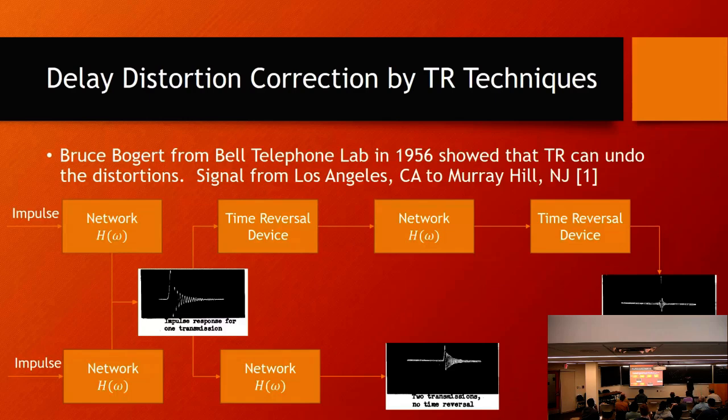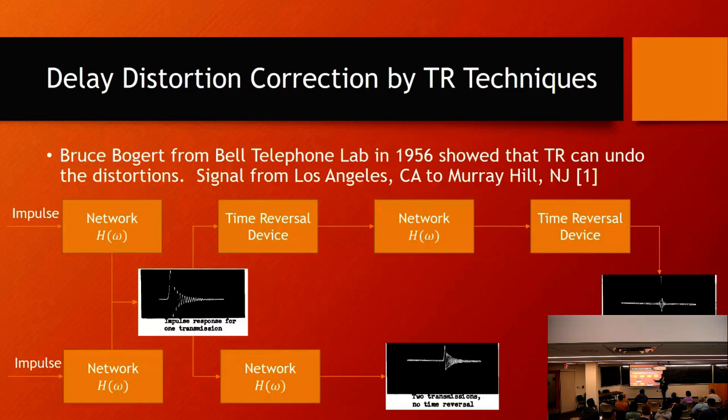So back in the 50s, a guy named Bruce Bogert at Bell Telephone Lab thought about this and said, hey, why don't I use this method to undo distortions? Because they had a lot of issues with the transmission line, and there were a lot of distortions. And so being an engineer, he calls it network, the transfer function. I like to call it Green's function, but please, the transfer function here. He says, okay, let's see how can I undo this distortion.